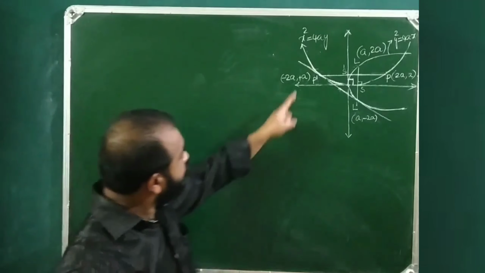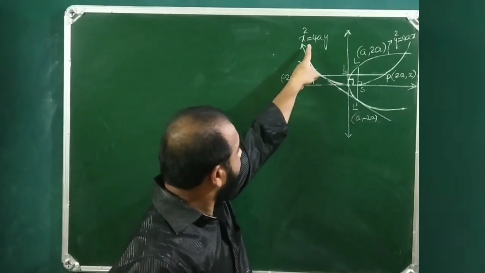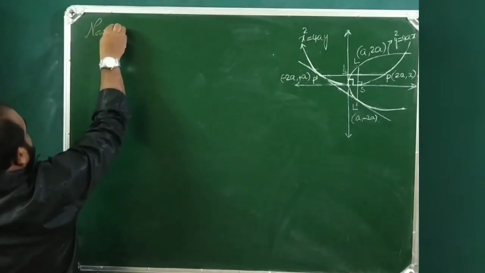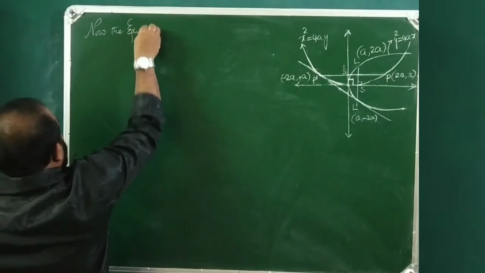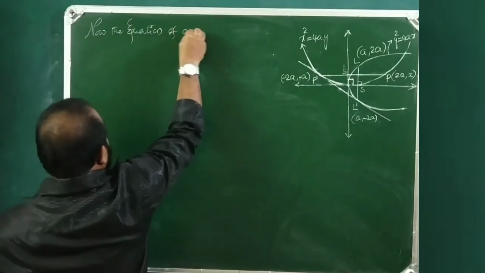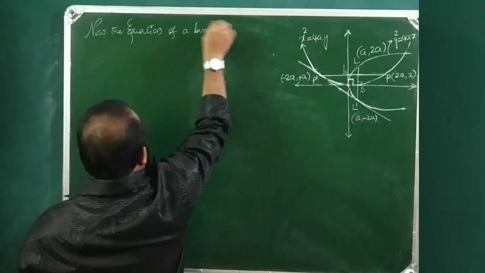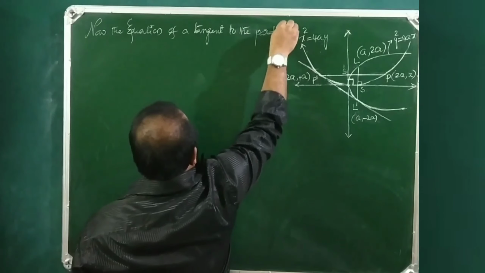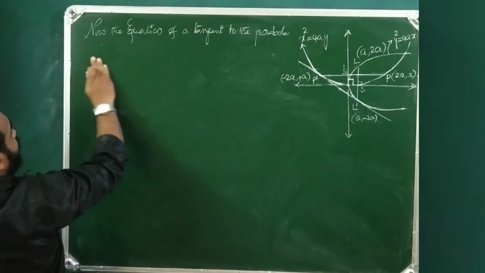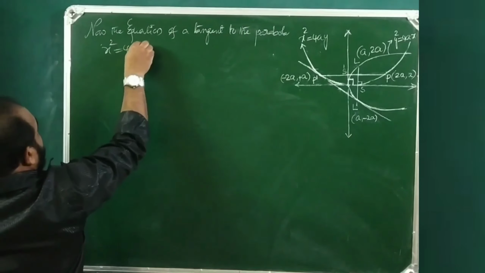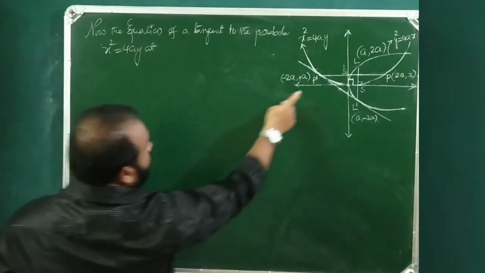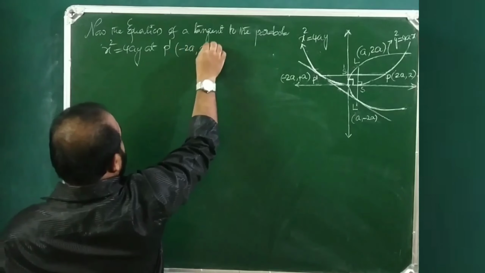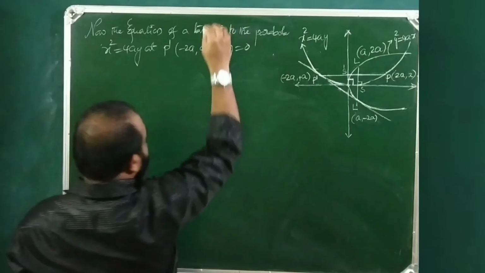Now, the equation of a tangent to the parabola x square equals to 4ay at P dash, minus 2a comma a, is S1 equals to 0.